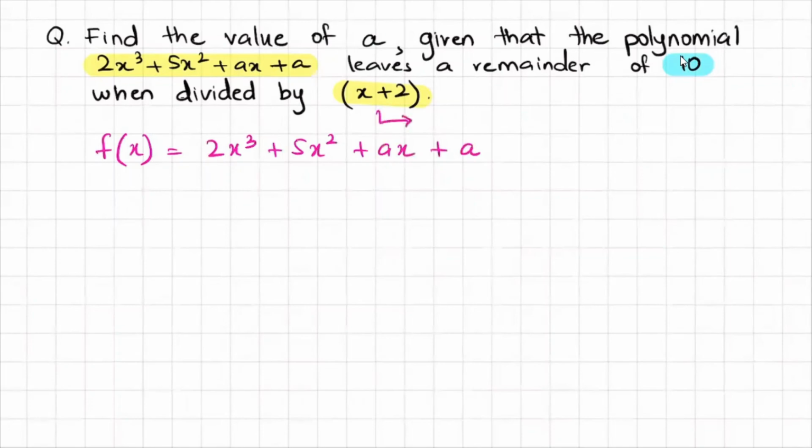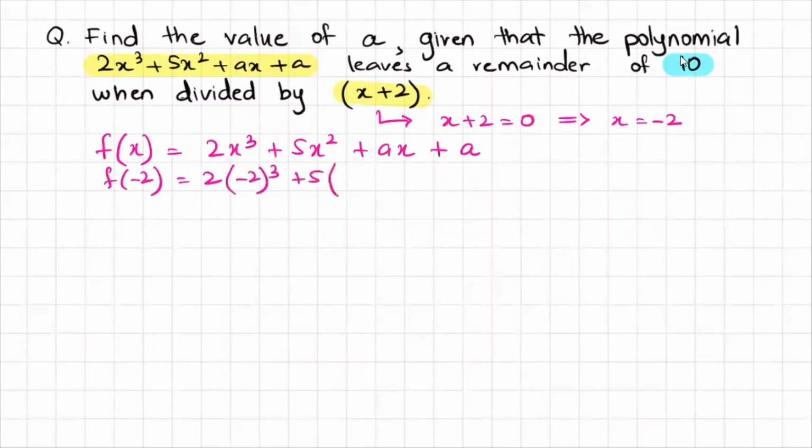From here, we can say that x plus 2 equals 0, which means that x equals minus 2. Now I'm going to substitute minus 2 in this. f(-2) equals 2 times (-2) cubed plus 5 times (-2) squared plus a times (-2) plus a.